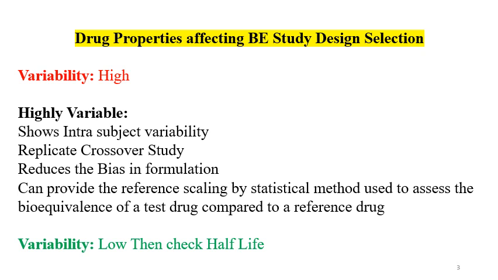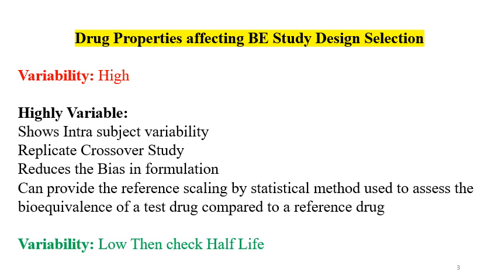Partial replicate study involves dosing the reference 2 times and test product 1 time, and full replicate will involve reference product 2 times and test product 2 times. So that is 4-way crossover or 3-way crossover. This replicate crossover study is done as it reduces the bias in the formulation. You will know whether the inequivalence is because of the formulation or because of the inherent properties.